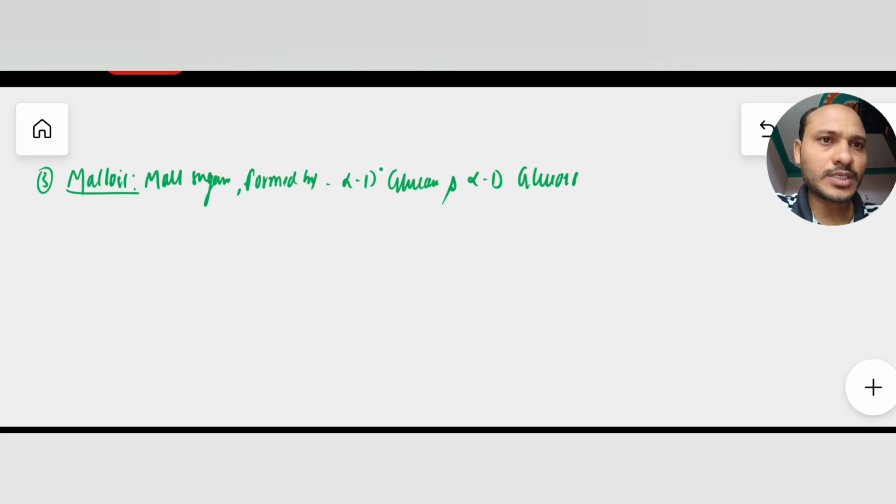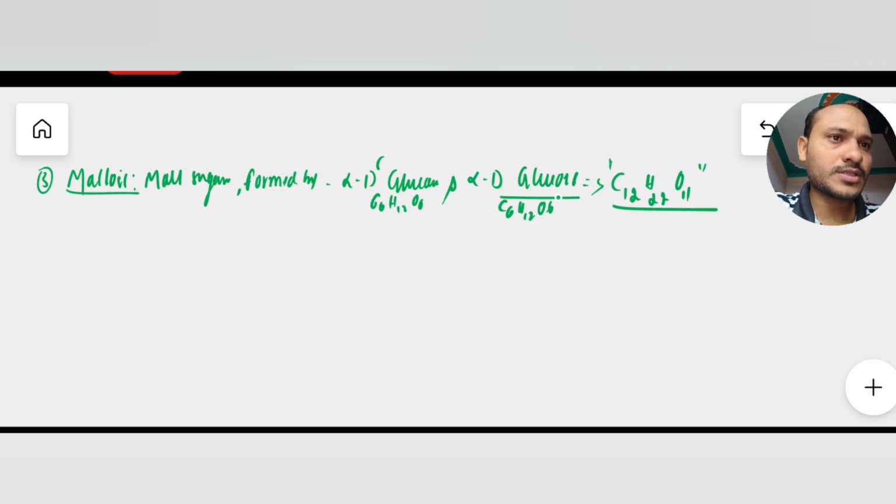For example, if we have glucose with formula C6, and here one more glucose C6, when they are fused together, they form a glycosidic bond and lose one water molecule. So finally we have one formula for maltose, that is C12H22O11. So this is the whole formula of maltose.